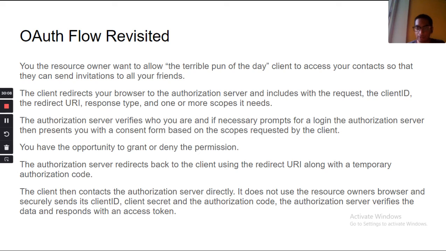And when it is redirecting you to the Gmail service, it sends its client ID, it sends the redirect URI, which is the URI that the resource server will redirect itself to once permission is granted. It will send the response type, and it will send the scope of access that it needs. Scope here is the contacts. It wants to access contacts.